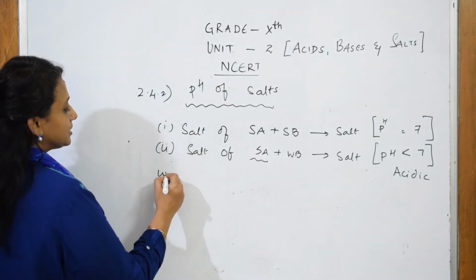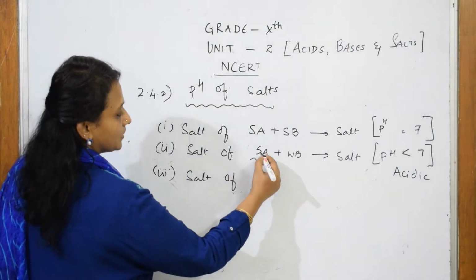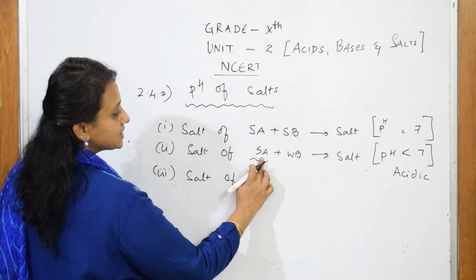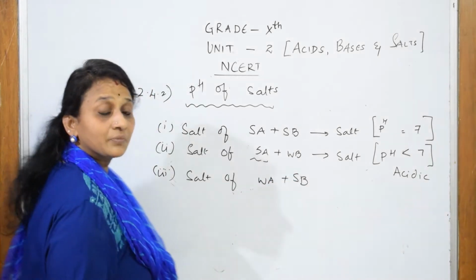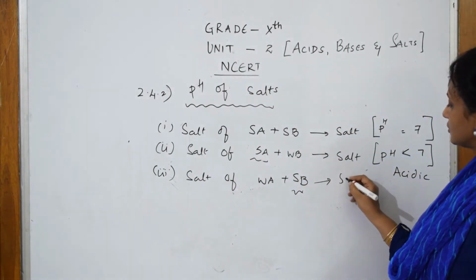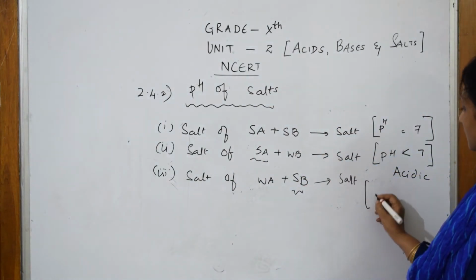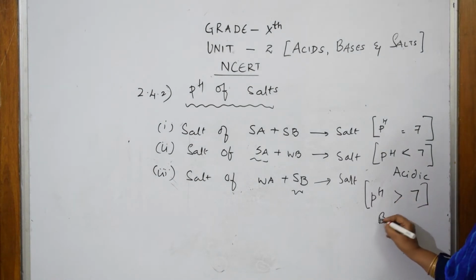Next concept: if I take a salt of, instead of strong acid, a weak acid and a strong base, then I get a salt whose pH value should be greater than 7, and it is basic in nature.